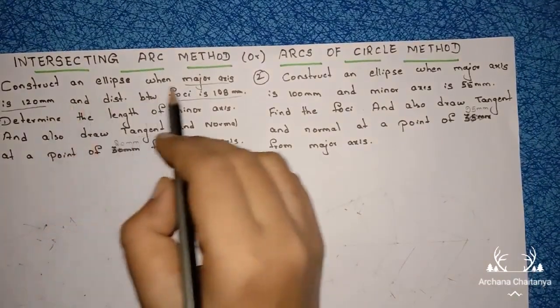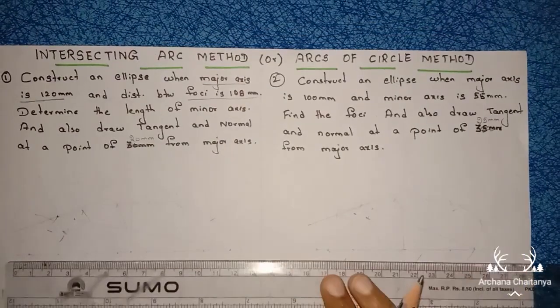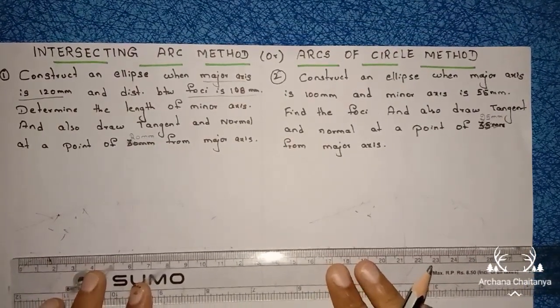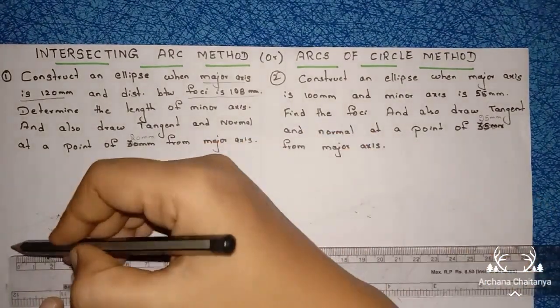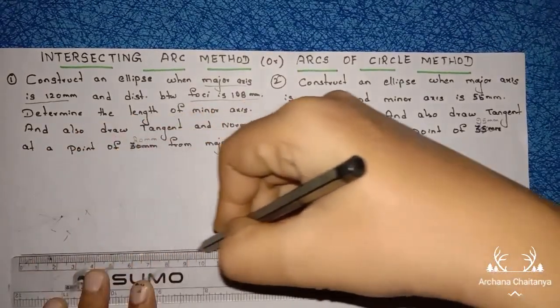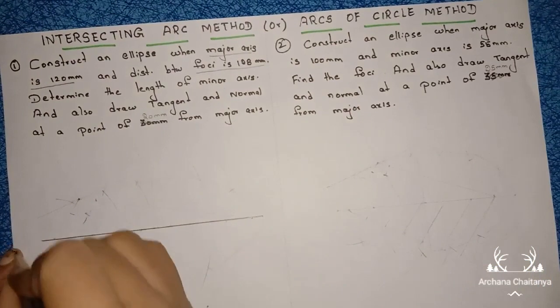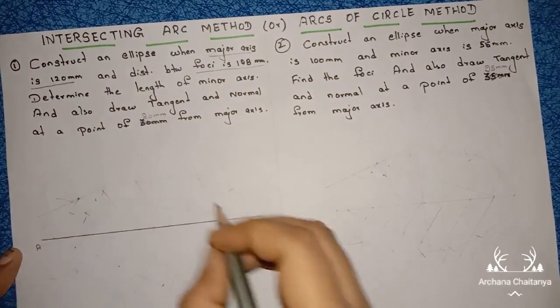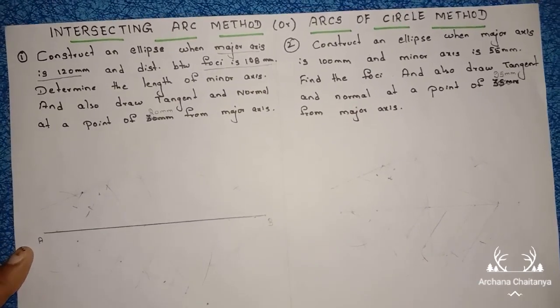What is the first step? Major axis is 120 mm, so keep your scale like this and draw the major axis of length 120 mm. This is your major axis. Name it A and B; AB length is 120 mm.